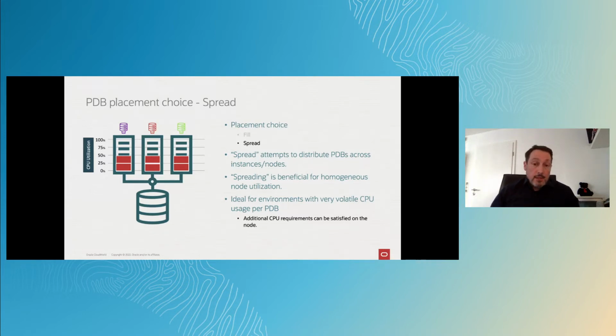This configuration is very good if you cannot know upfront how many CPUs you will have, because when you have to grow the CPUs of a pluggable database, we ensure that you are scaling within the node and not across nodes, keeping all the workload on a single node.